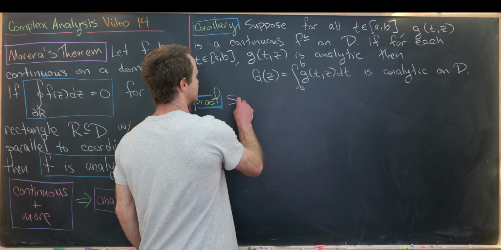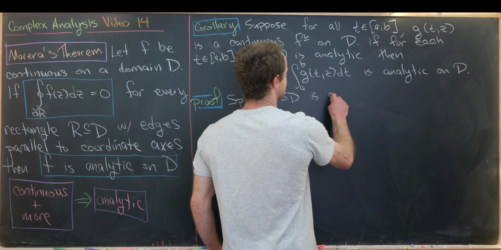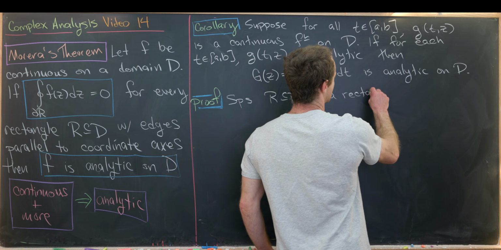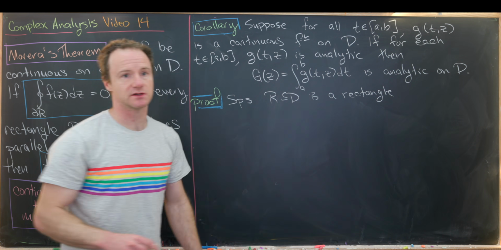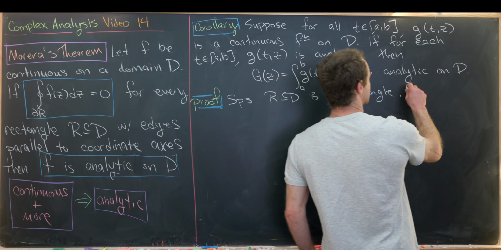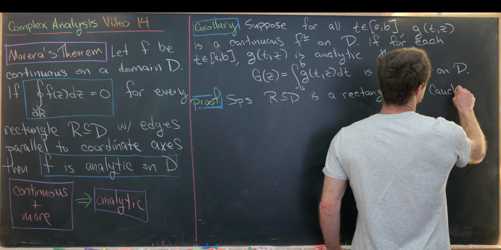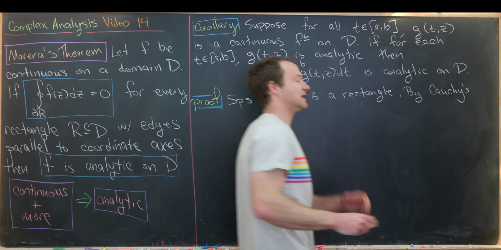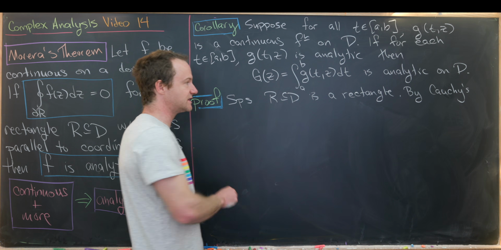So let's suppose that R is a subset of D, a rectangle. Furthermore, it must be a rectangle with edges parallel to the coordinate axes, but I won't write that down. Then let's notice by Cauchy's theorem. Remember, Cauchy's theorem talks about the integral of an analytic function over a closed curve being equal to 0.